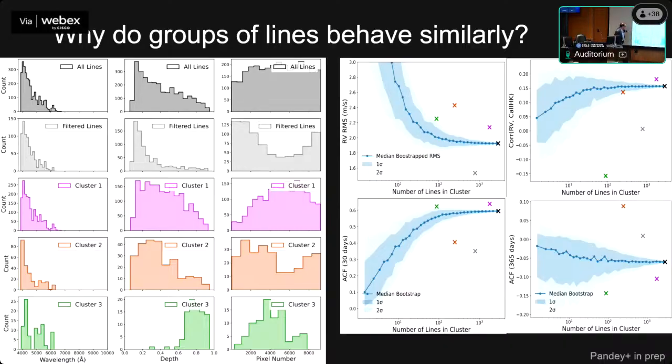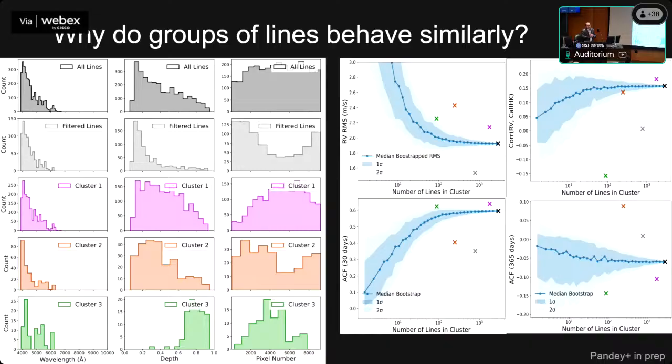But over here we have a cluster that, if anything, picks up near the edges, where it has more lines near those edges. Here we have the ones that favor the deepest lines. Here, disfavor the deepest lines, going for shallow lines. So different clusters are picking out different sets of lines in terms of detector location, perhaps telling us about instrumental issues, and depth, probably telling us about astrophysical issues.